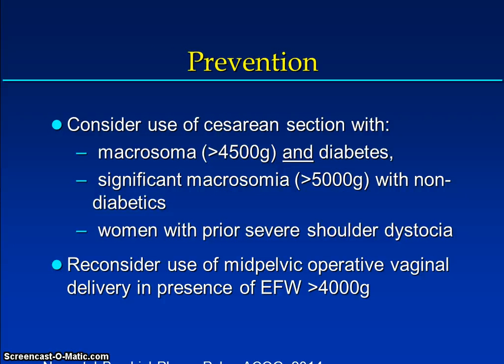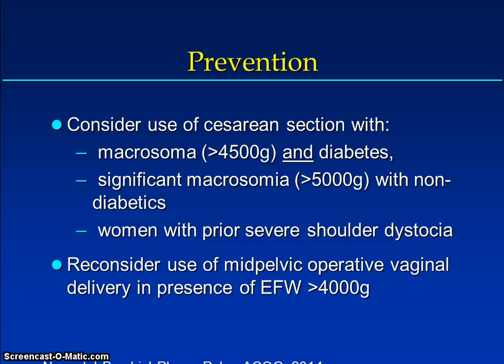From the standpoint of prevention, these are some of the approaches that are supported by the recent neonatal brachial plexus palsy task force. One can consider the use of cesarean section if one suspects macrosomia greater than 4,500 grams in a diabetic patient, or if one suspects macrosomia greater than 5,000 grams in a non-diabetic patient.